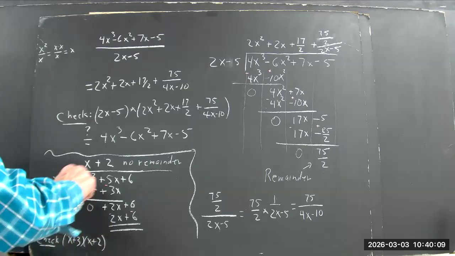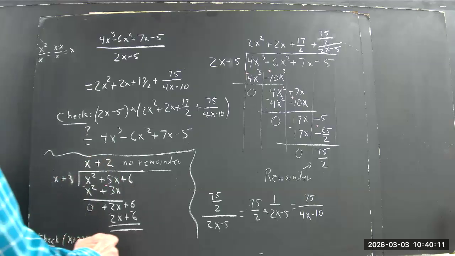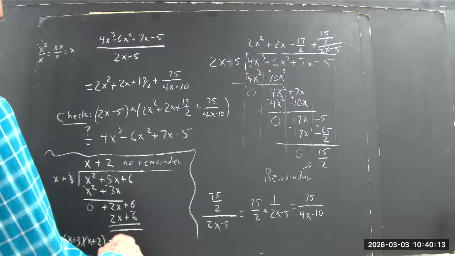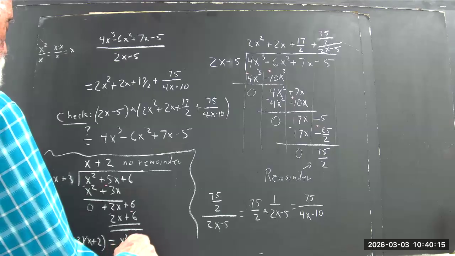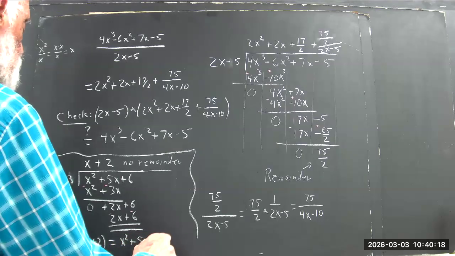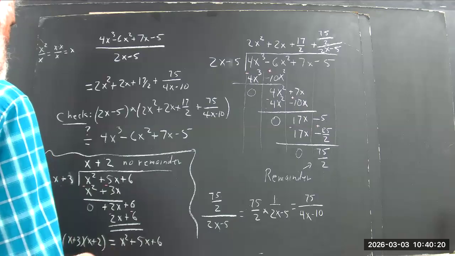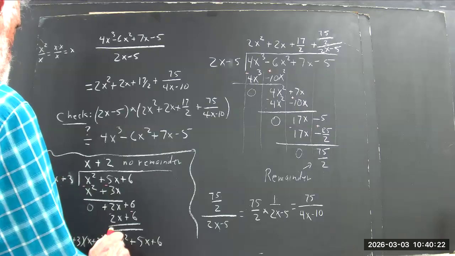Right? Divisor times quotient equals dividend, x squared plus 5x plus 6, with a question mark over it.